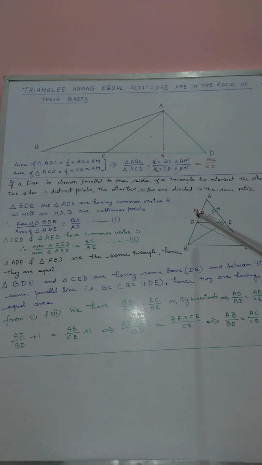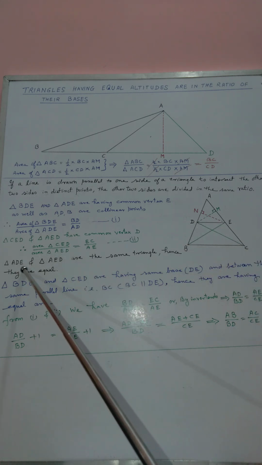These two triangles have the same base, that is DE, and these two triangles are between the same parallel lines, that is BC and DE are parallel lines.